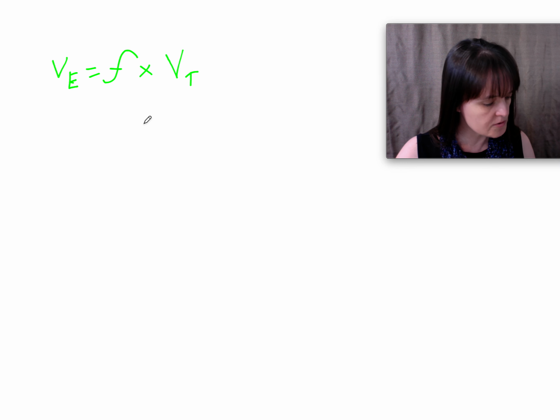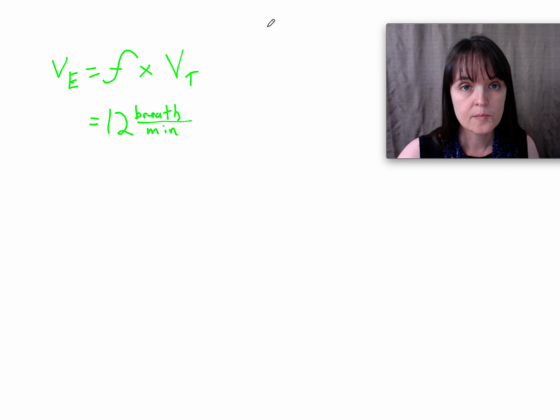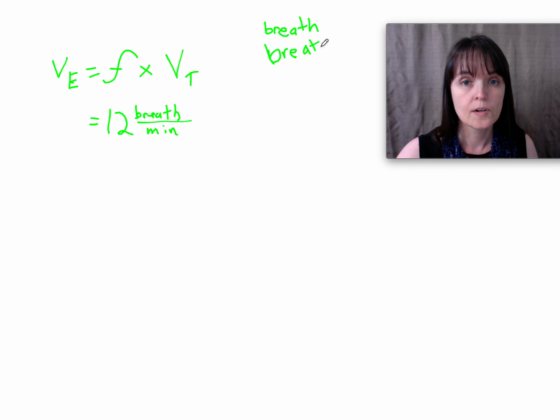So if our average respiratory rate is 12 breaths a minute, oh, I thought it was 16. 12, and here we have breaths per minute, and because y'all are college educated now, breathe.